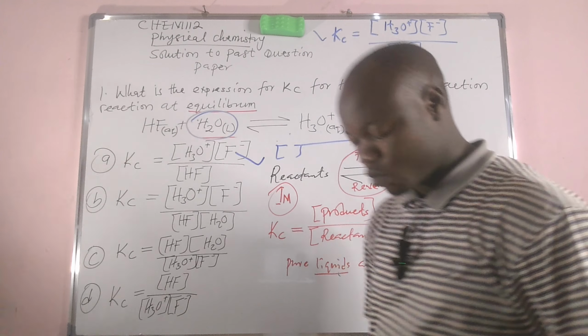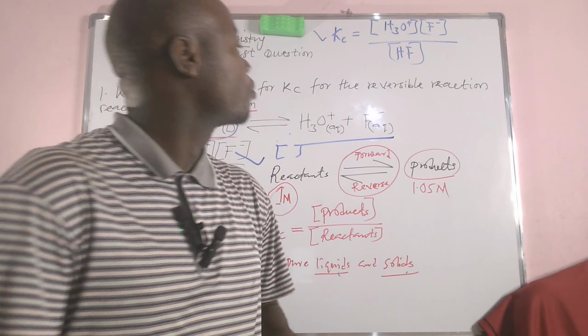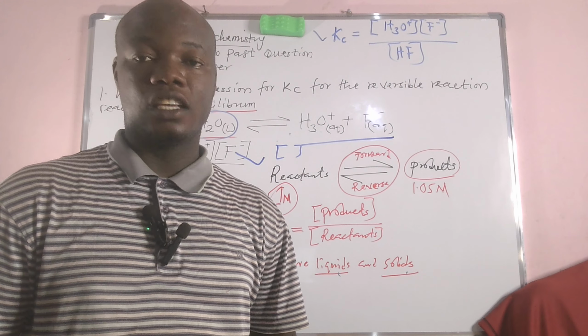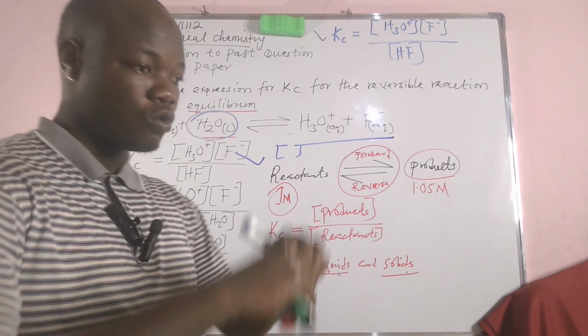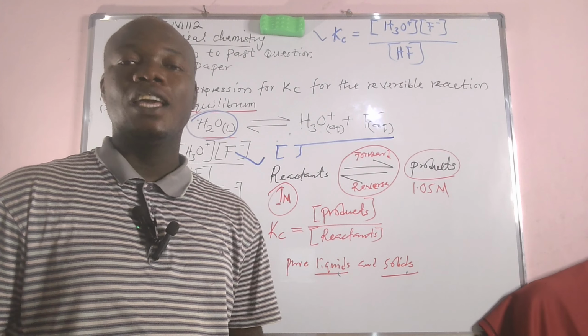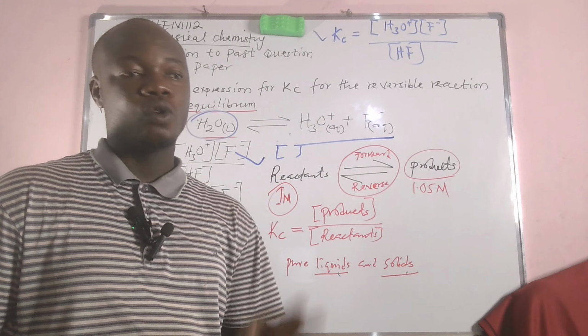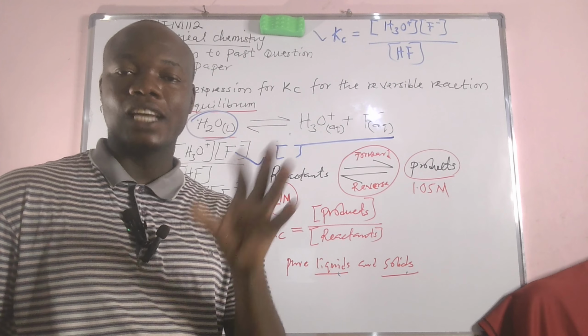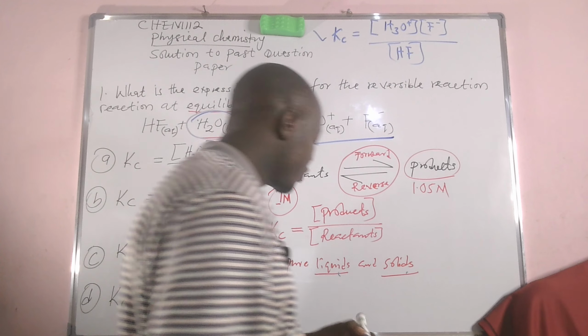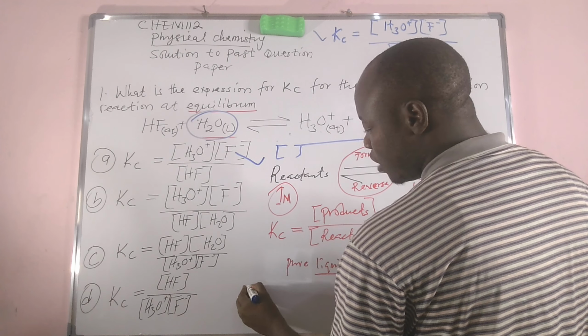And I want to also add one very important piece of information. What if you reach a state where you have a larger Kc value? Because the Kc value will tell you whether the reaction is at equilibrium or is not at equilibrium. So how do you do that?